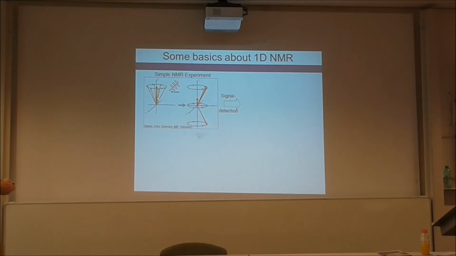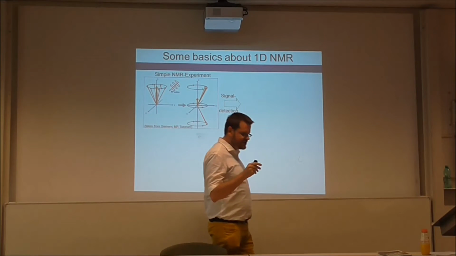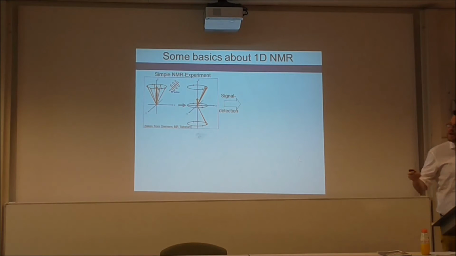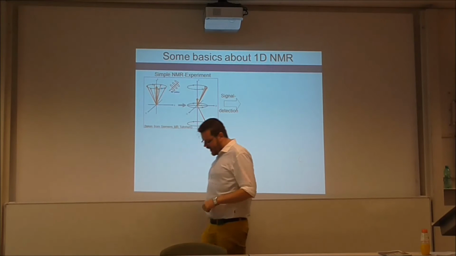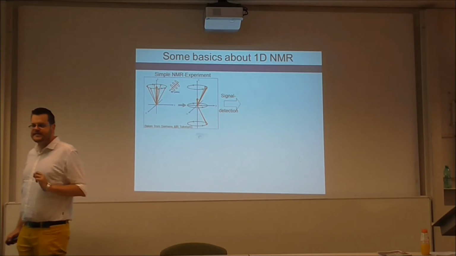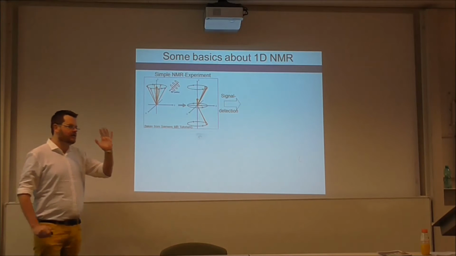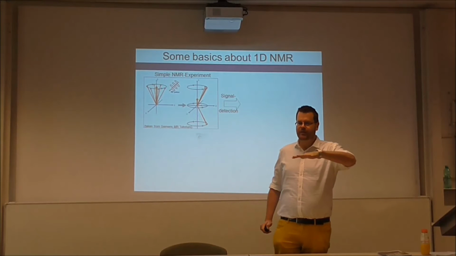If we then apply a radio frequency pulse, and modern NMR spectroscopy uses pulse techniques, you get these into basically an excited state, if you will, and after that pulse has been applied, we generally have a period of time where we allow these excited nuclei to relax back to their equilibrium position.